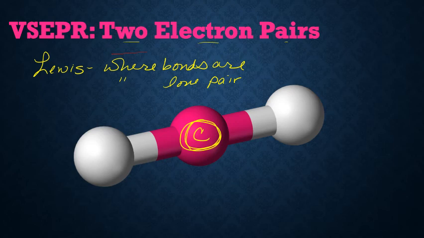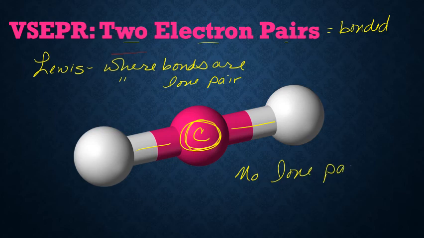If the central atom has 2 electron pairs around it, they're going to be in terms of bonds. 2 electron pairs, and they have to be bonded. Now notice on this particular molecule, the central atom has no lone pairs. Everything about VSEPR is about the central atom.